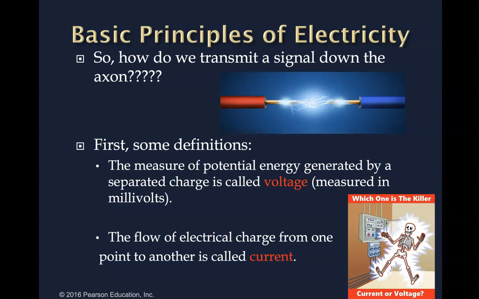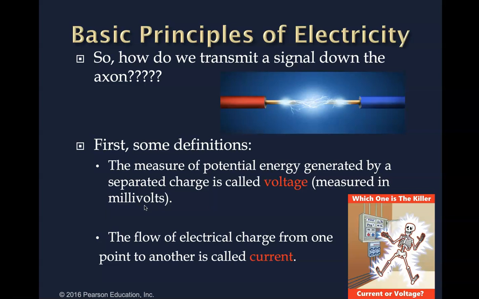You probably intuitively know this because you've heard the word voltage in terms of batteries, although usually it's a 9-volt battery. When we're talking about the voltage change across a membrane, it's going to be in millivolts, 1/1000th of a volt. But still enough to do the job that we need it to do.